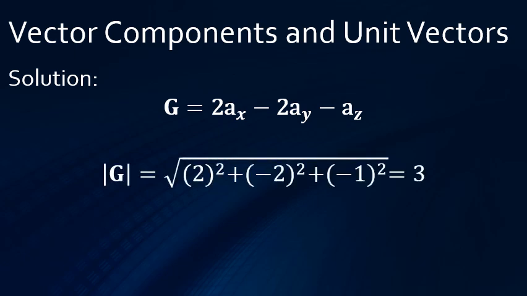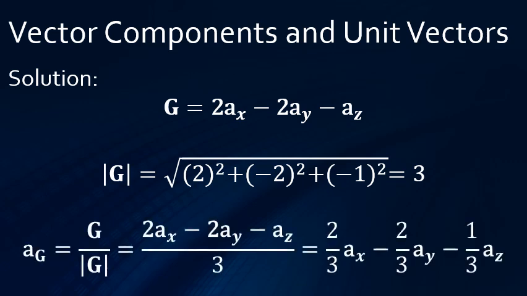Then next, we get the magnitude. Formula natin, square root ng squared, squared, squared. So square root ng 2 squared plus -2 squared plus -1 squared, which is equal to, okay, very basic, 3. And para makuha natin finally yung unit vector, yung mismong vector natin, i-divide natin ng magnitude niya.